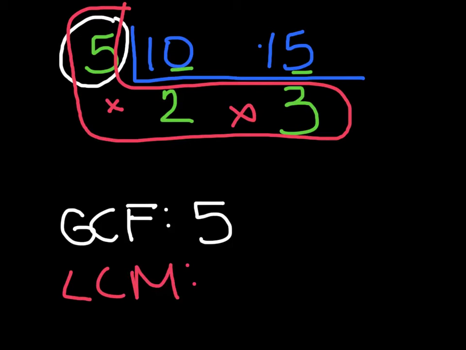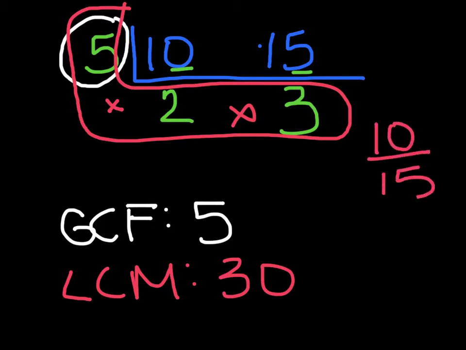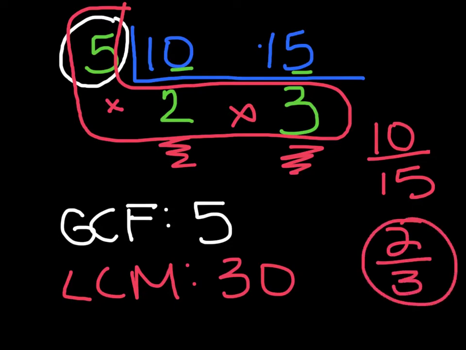So your LCM is 30. Now, if you were looking at 10 and 15 as a fraction and you wanted to simplify it, you would simply get these two remaining numbers on the end, and your simplified version is 2/3. You can do all three of those by using the cake method.